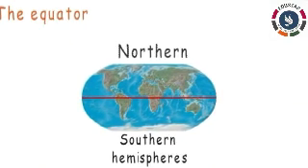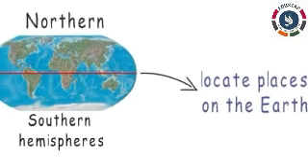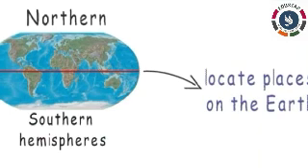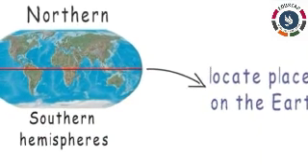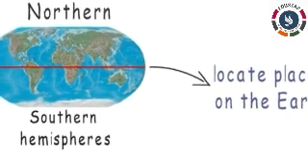There are both equal halves. Therefore, the equator is an imaginary circle line and is a very important reference point to locate places on the Earth.